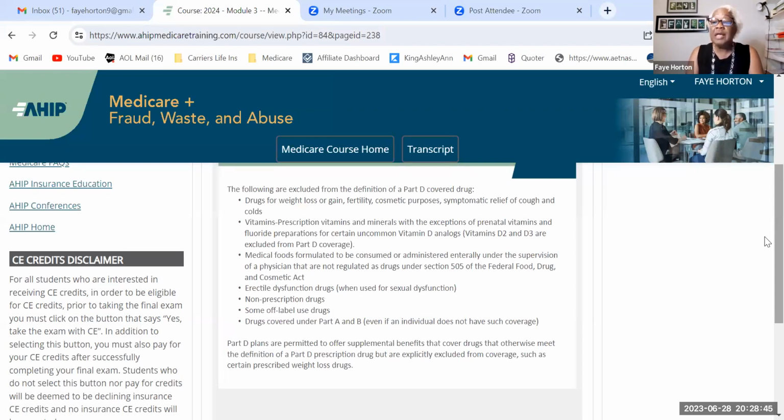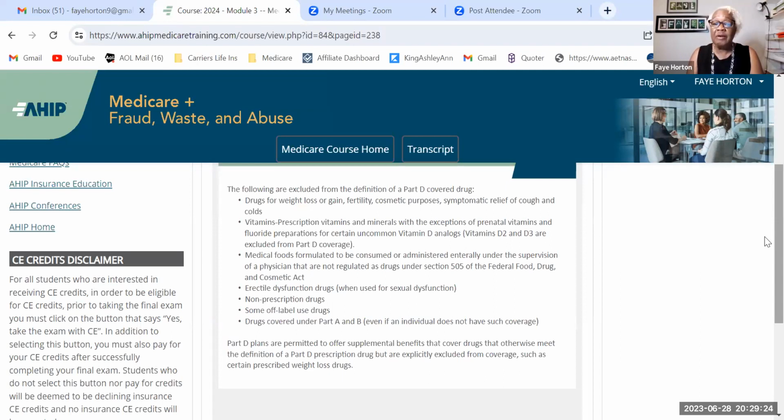Non-prescription drugs, some off-label use drugs, drugs covered under Part A and B, even if an individual does not have such coverage. Now, in certain plans, you will find some of these things are covered, but they're going to be limited to whatever that plan has on their formulary. There are some plans that will cover erectile dysfunction drugs, and there are some plans that will cover vitamin prescriptions.